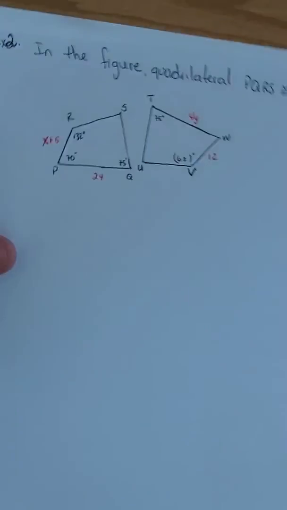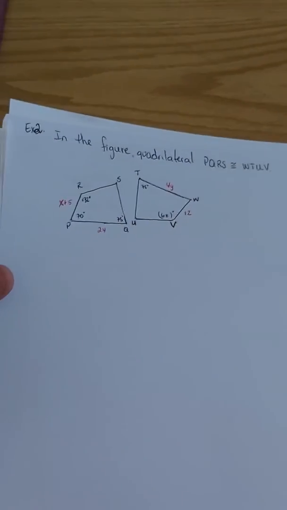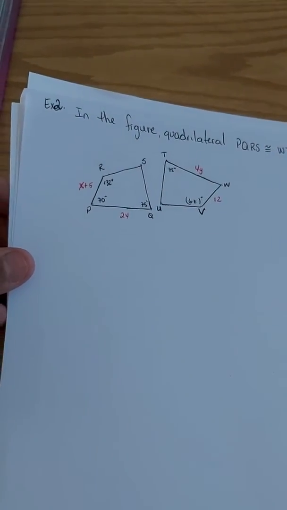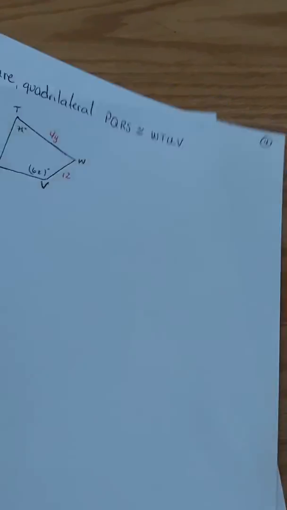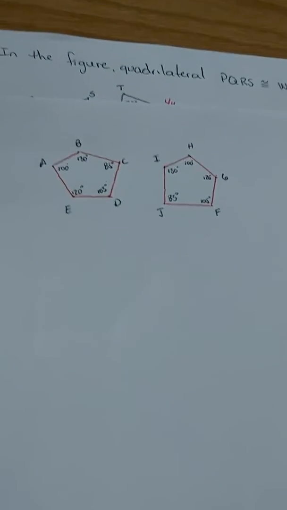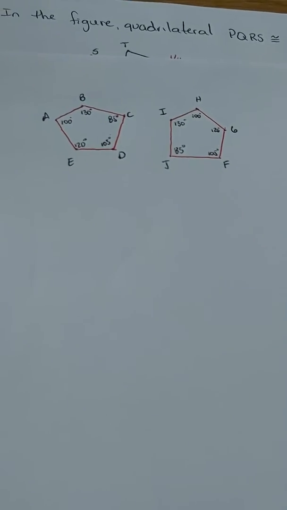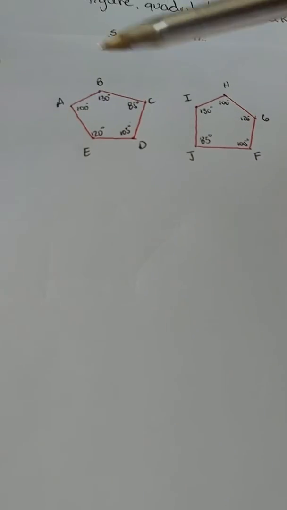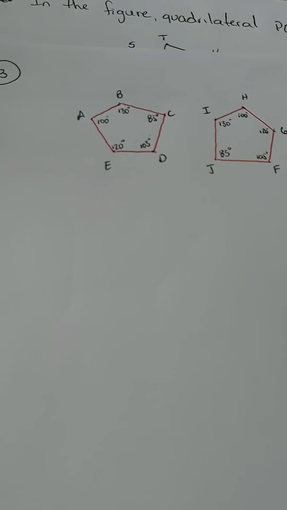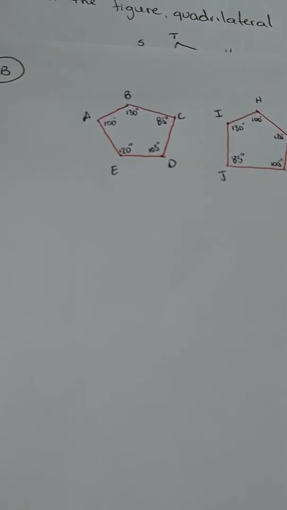Now, if we look at example 1b, same instructions, we have to do the same. Write a congruent statement. Now, notice that here, they are not defining what sides are congruent to which side, right?